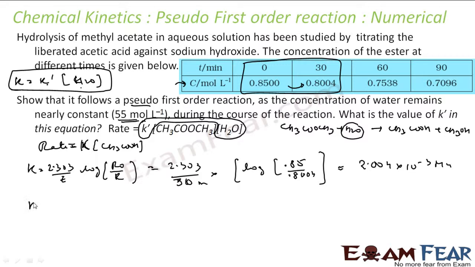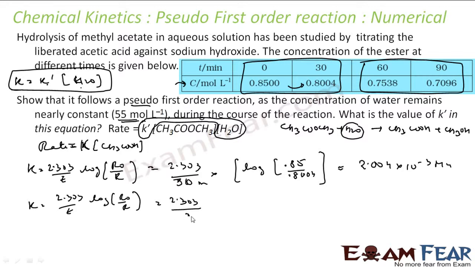Let's try to find again the value of K from a different set. Let's take this set. 2.303 by T log of R naught by R. 2.303 by T, T is again 30, 90 minus 60 is 30 minutes. Log of R naught, initial concentration here is 0.7538.